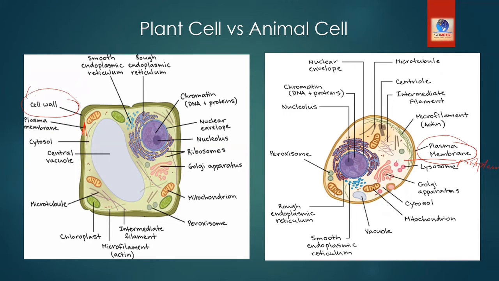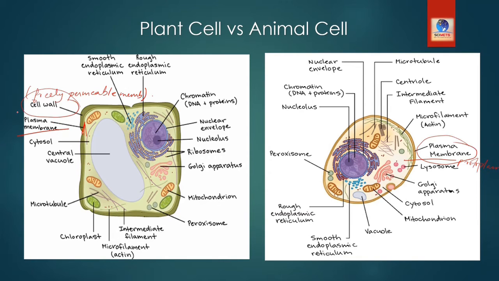Now this cell wall is a freely permeable membrane, meaning it allows the easy transport of water and mineral salts in and out of the cell. On the other hand, the plasma membrane is a selectively permeable membrane.